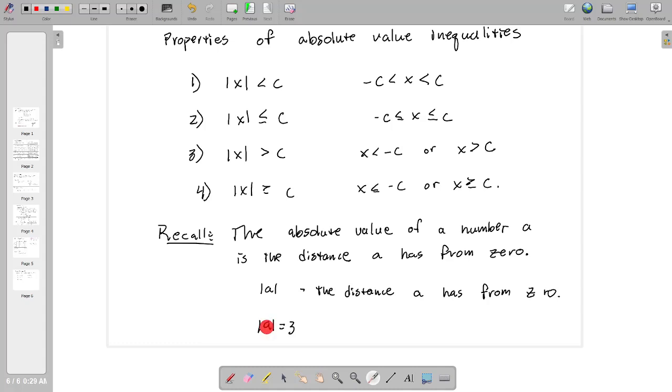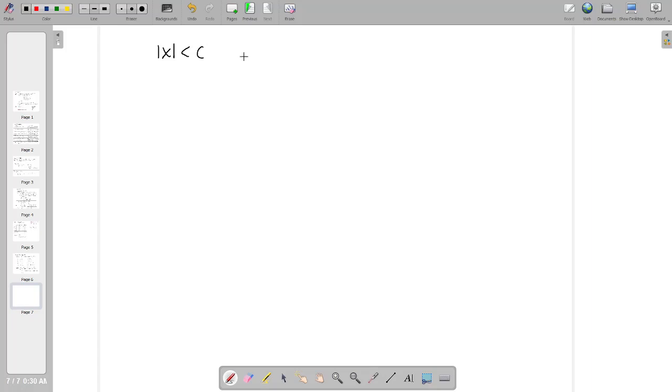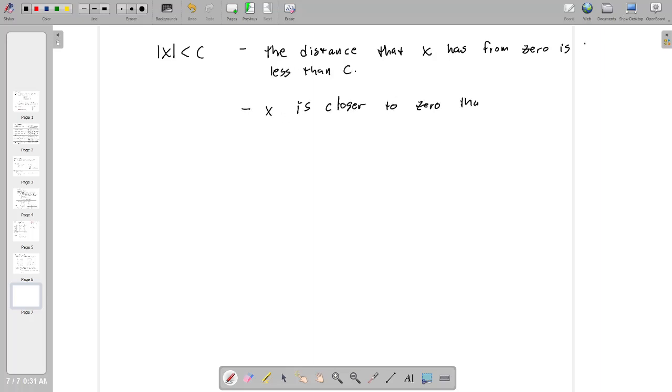So a is 3 units away from 0. But that's equality. What if we have inequality instead? So if we're saying that the absolute value of x is less than c, what we're saying is that the distance that x has from 0 is less than c. x is closer to 0 than c units. Another way of saying this is that x is within c units of 0.